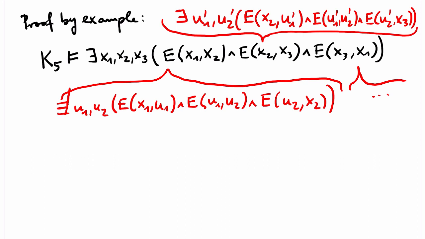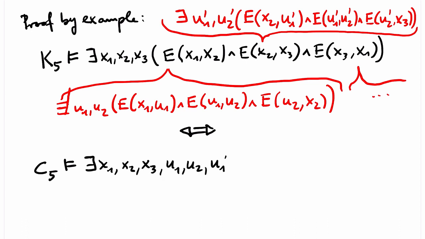This is important. The resulting formula can be rewritten into an equivalent formula such that all the existentially quantified variables come at the front. Then K5 satisfies the original formula if and only if C5 satisfies the new formula. So we have reduced CSP of K5 to CSP of C5.